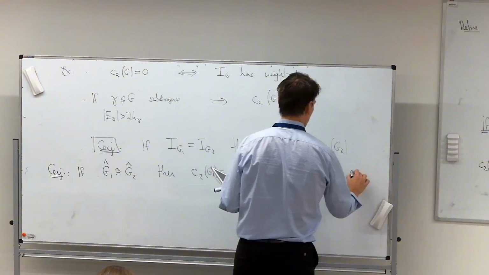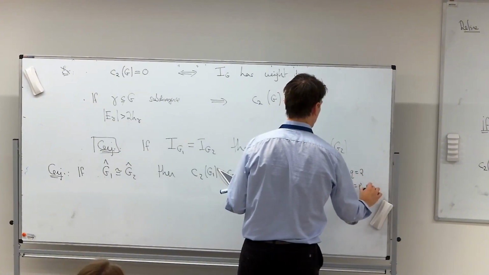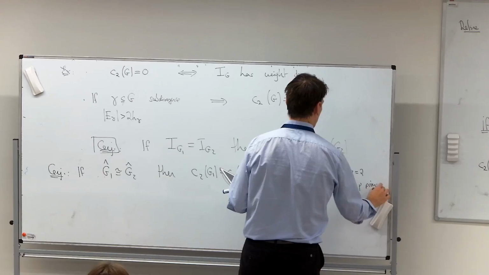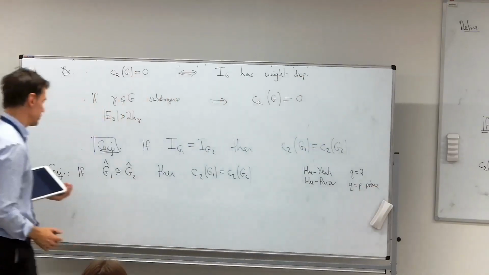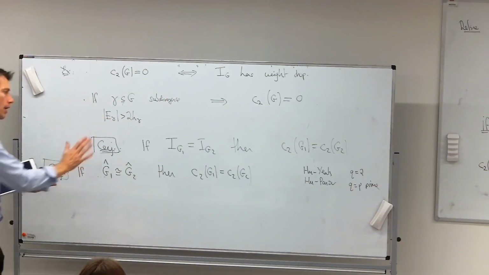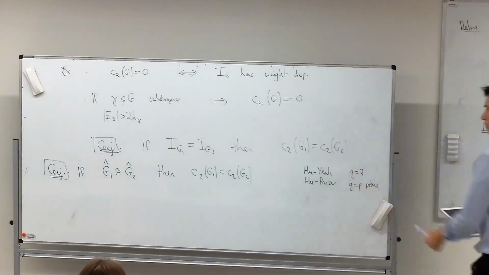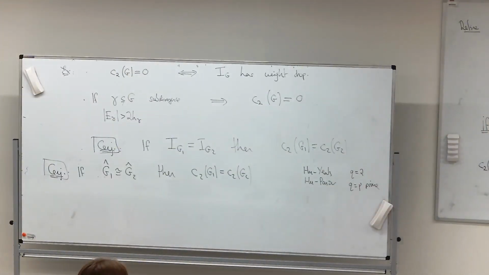This was for q equals 2, and in this case for q equals p prime. But for prime powers, it's still open. And I'll talk a little bit more about this. The techniques I will develop will give, I hope, a proof of this shortly.